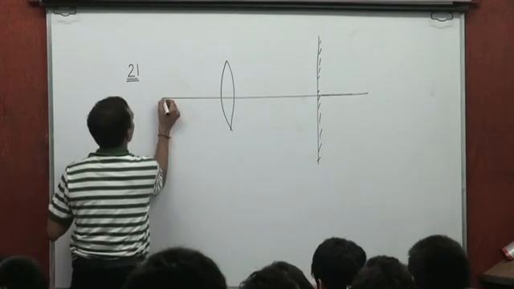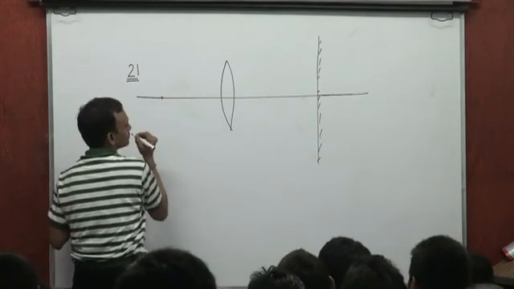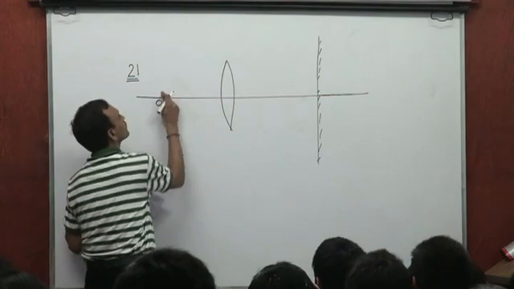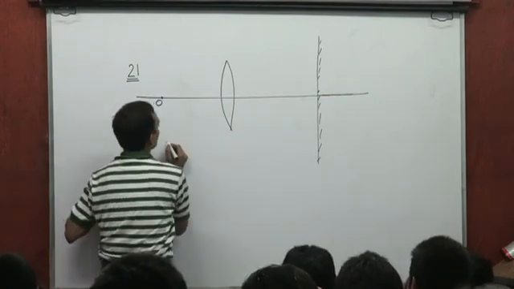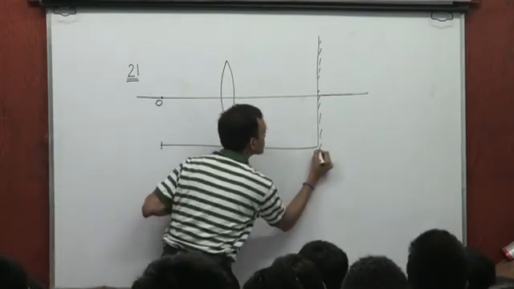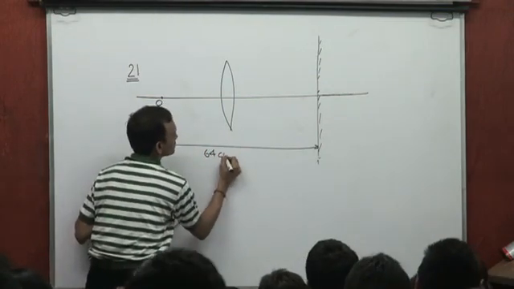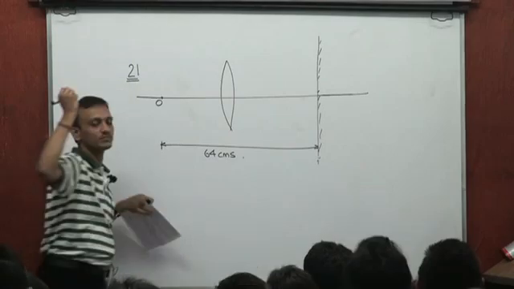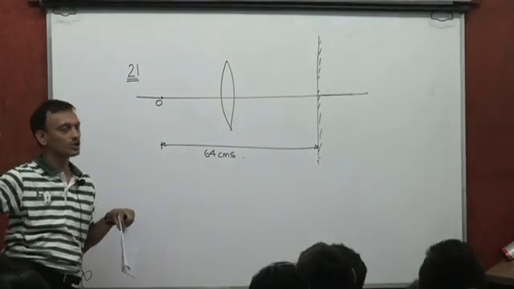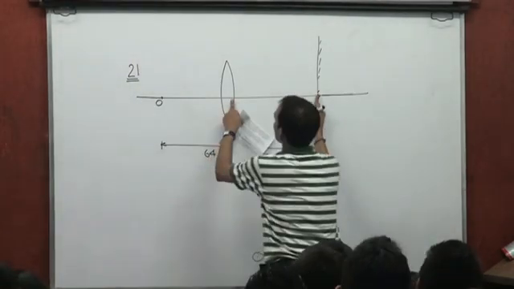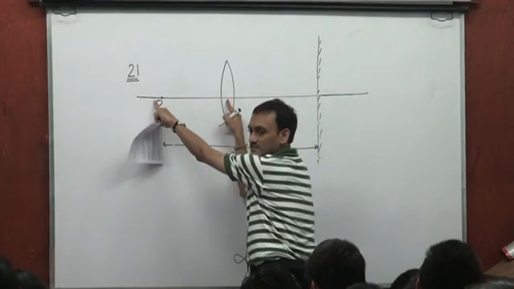Now, if the object was placed somewhere like this, then the image is formed on the screen, given that this is 64 centimeters. And this distance is 3 times this distance.